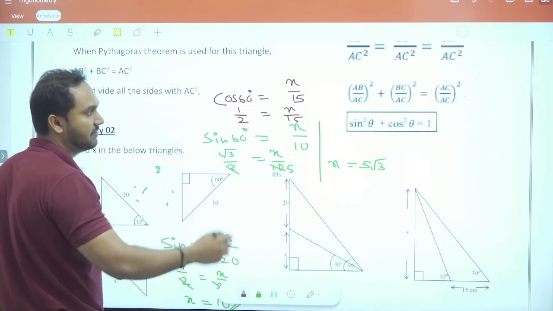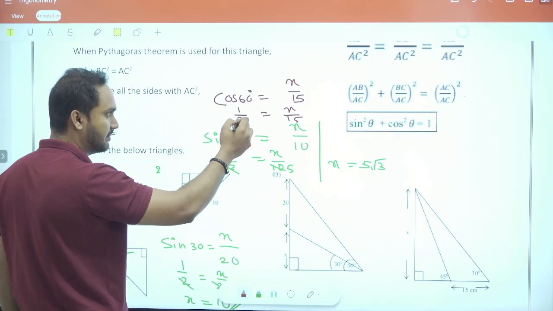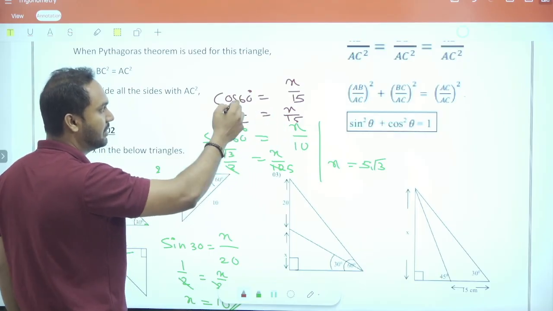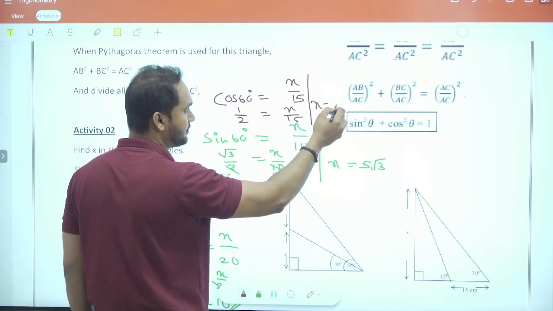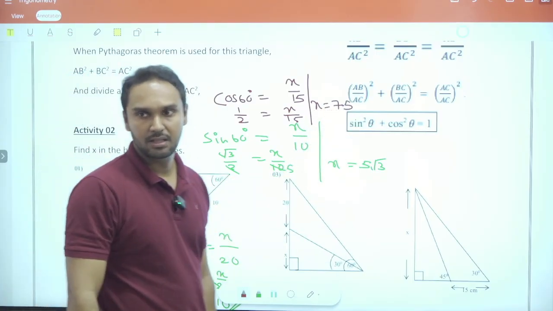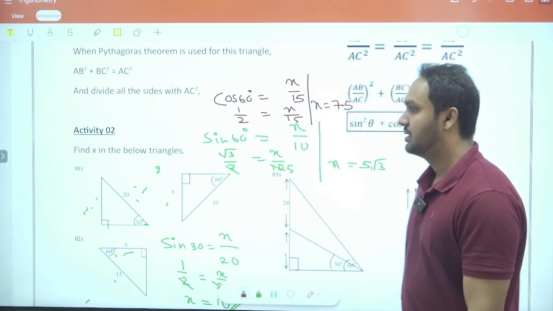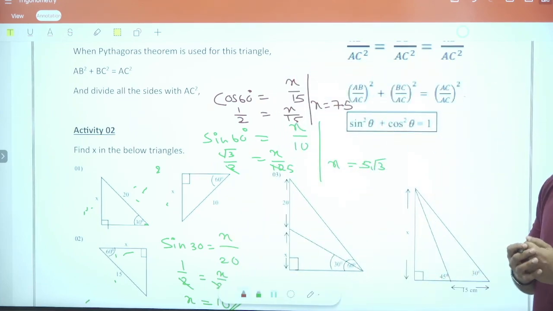Now what happens to the 15? It can be divided from here as well, but if you cross multiply it, you will get 15 over 2. That is x equals 7.5. Yes. x equals 7.5. Easy, right?